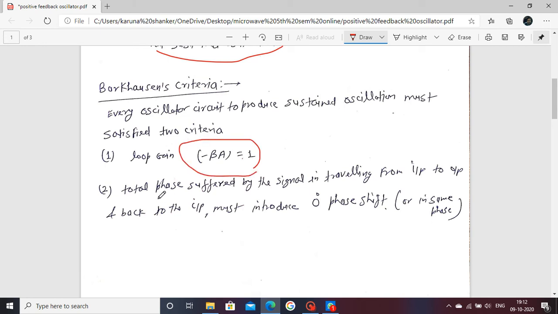Next, the total phase shift suffered by a signal traveling from input to output and back to input must be zero phase shift.